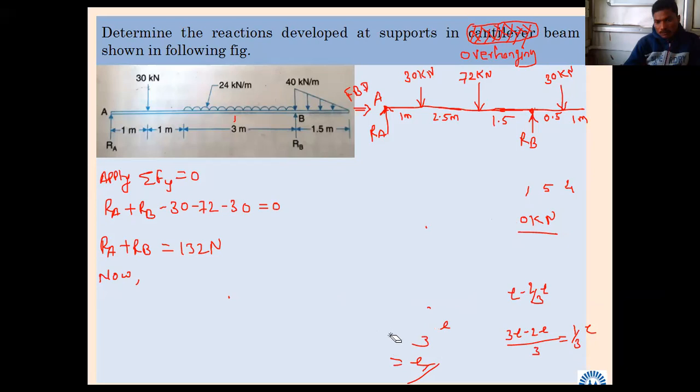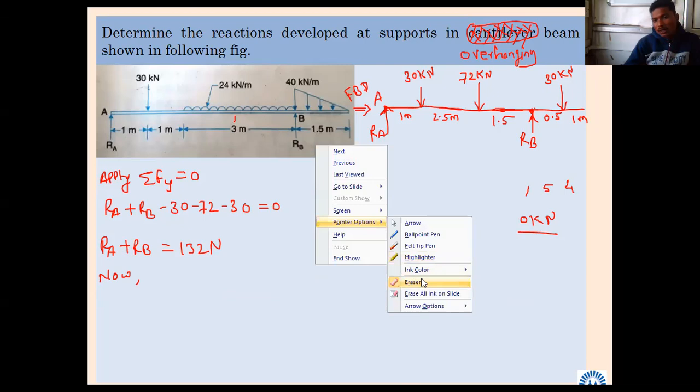Either RA or RB. If we take a point other than RA or RB, what will happen? We will get 2 unknowns again. It is possible to solve 2 equations with 2 unknowns, but why go into trouble?